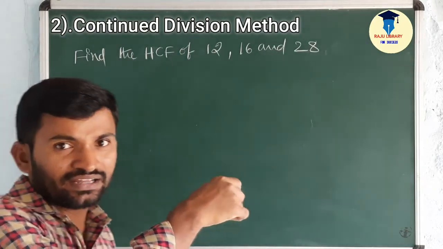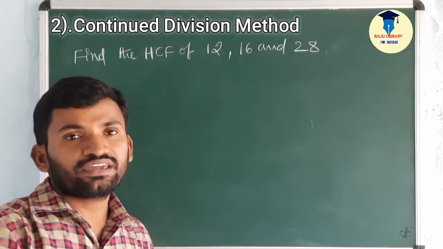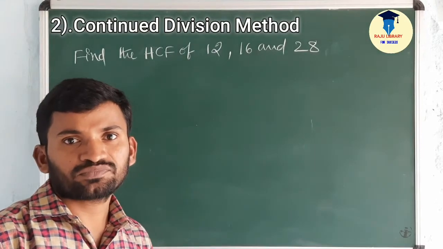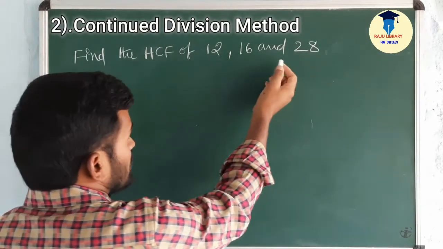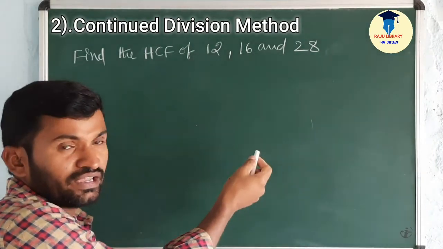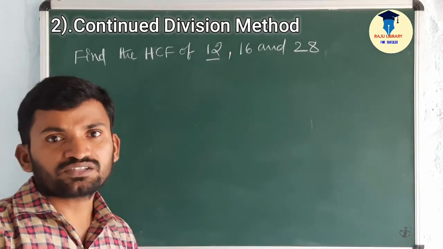I told you already, before doing that problem we have to identify the smallest number. Here three numbers are there: 12, 16, 28. Among these three, 12 is the smallest number.